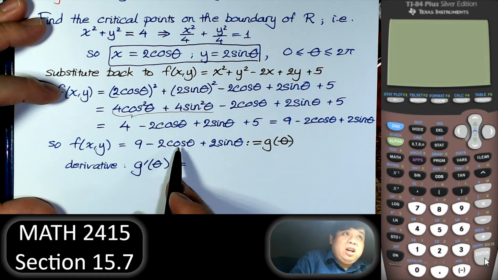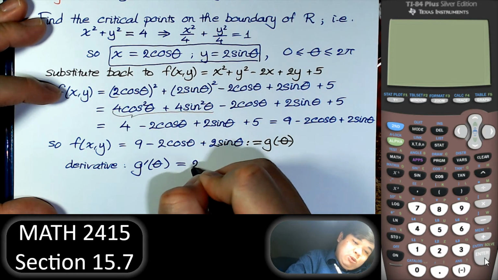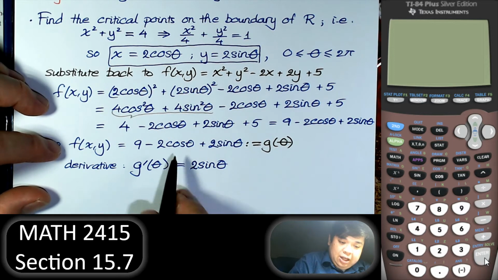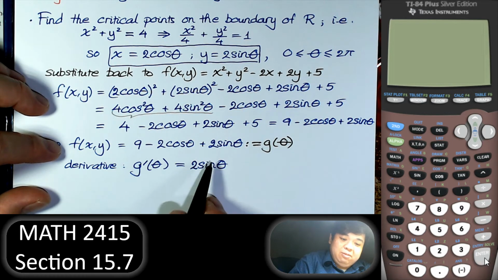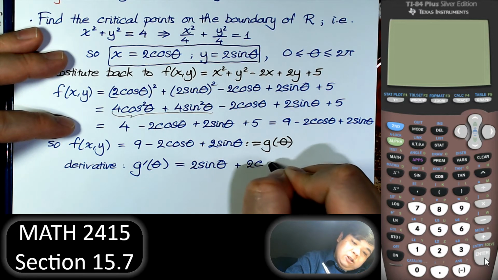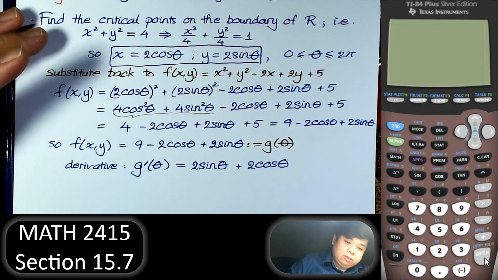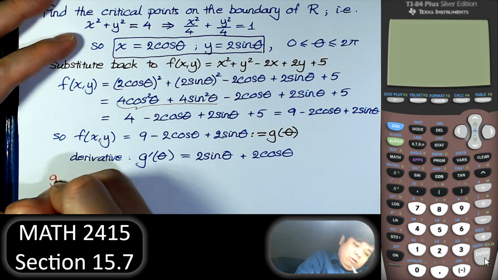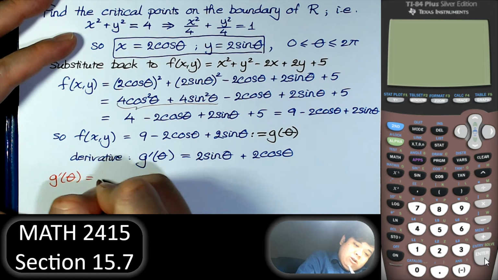Derivative of cosine is negative sine, so we have 2 sine theta, with the negative turned to positive. And derivative of sine is cosine. And like what we did before to find critical points, derivative equal to 0.